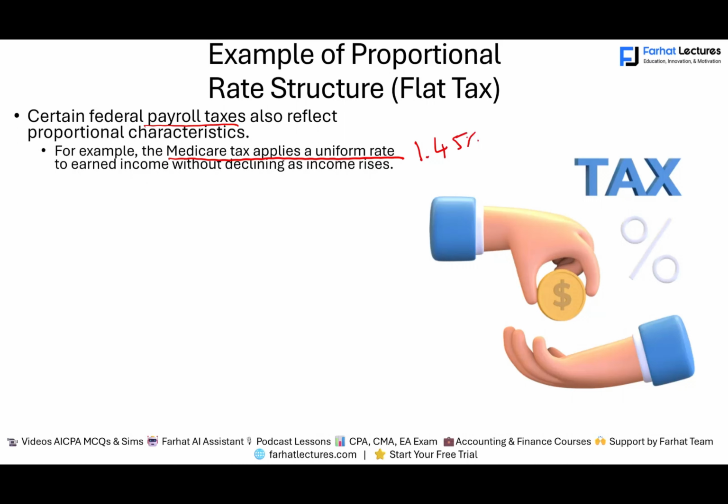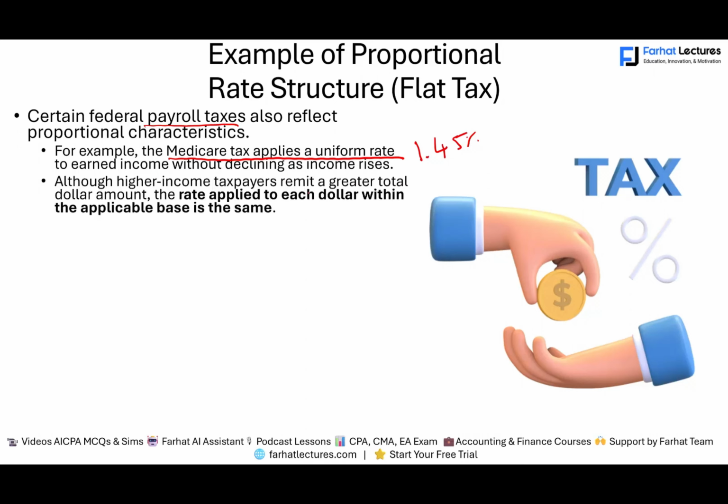Now there's an additional tax we'll see later, but generally speaking it is 1.45%. Although higher income taxpayers remit a greater total dollar amount, the rate applied is the same. So if I'm making 100,000, I will multiply this by 1.45%. If I am making $1 million, I will multiply this by the same percentage. It's flat, proportional, the same.